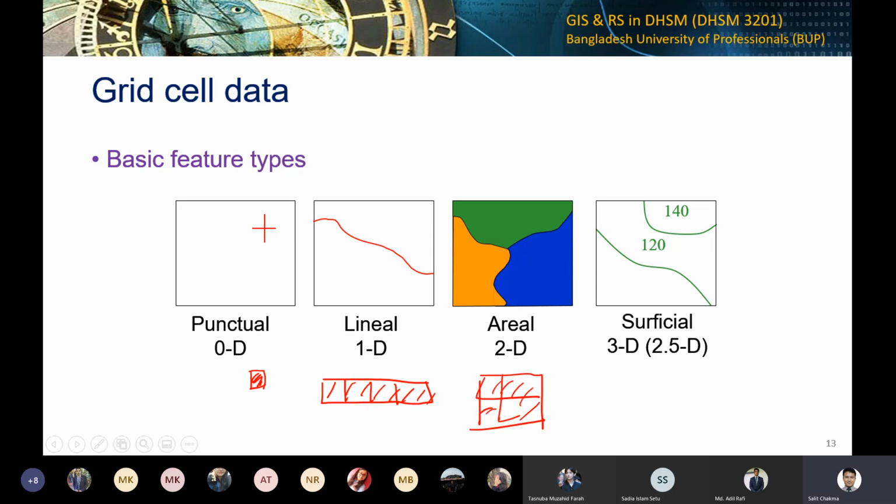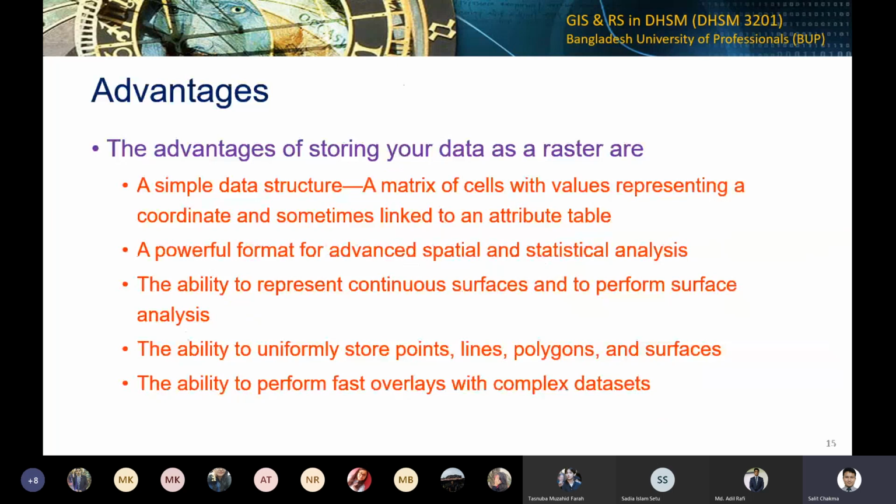That's area. And if it's surficial, again, you represent it with a cluster of cells. That's surficial. Okay. So it's just cells. The primary elements are the cells, and cells are what build everything in raster. So it's more simple than vector data types.